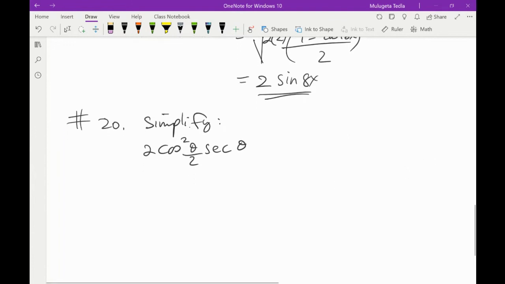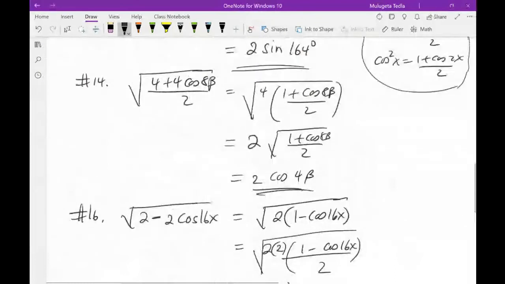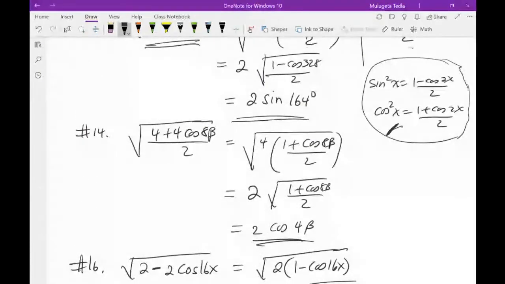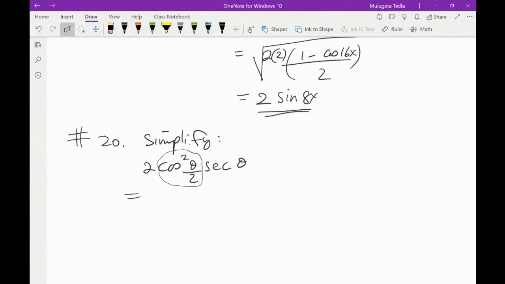The angles are different. So maybe if we change this, maybe we'll have a better expression. So what is that? Cos squared of theta over 2, times 2, times secant of theta.